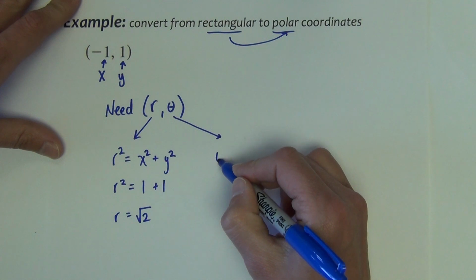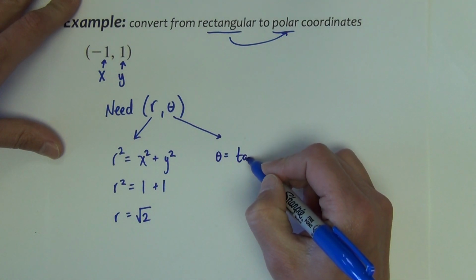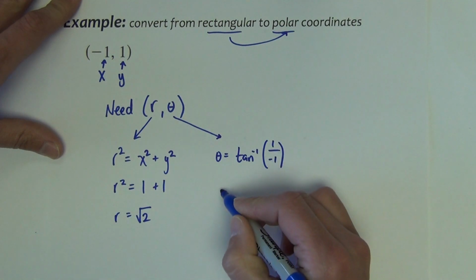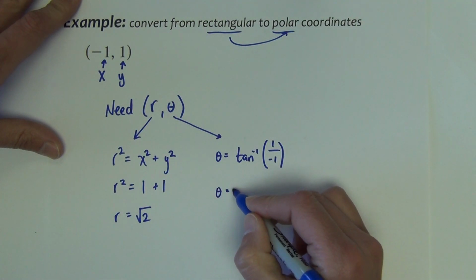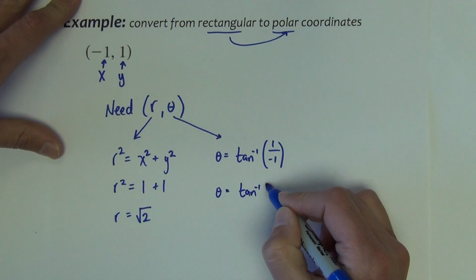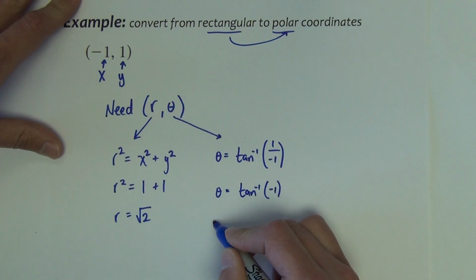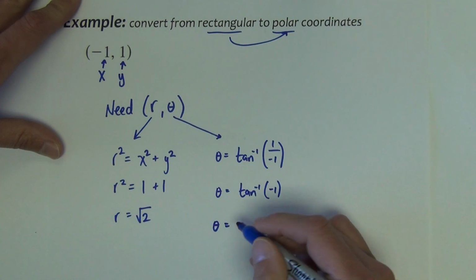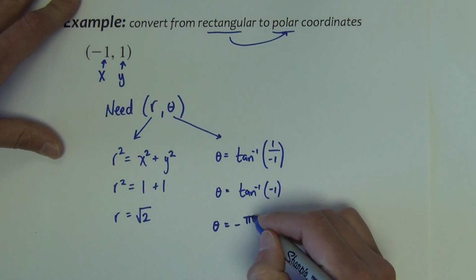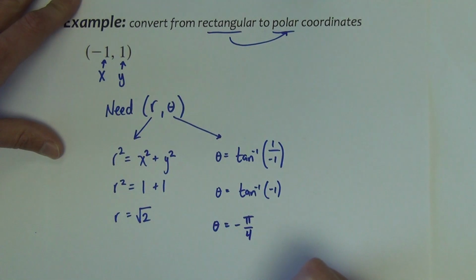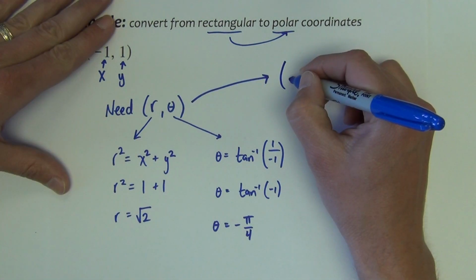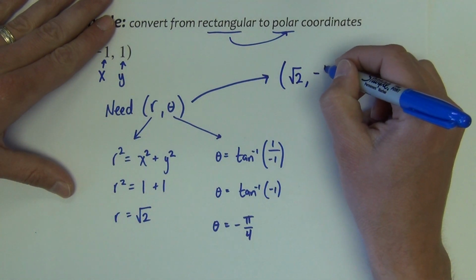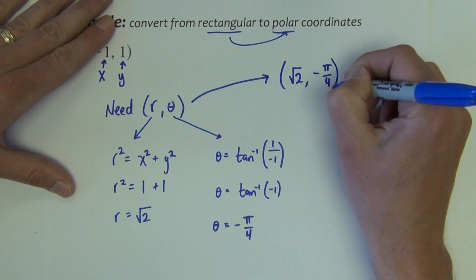The theta is tan inverse of the y value over the x value. So that's tan inverse of -1, and if you do that on your calculator, you're going to get a value of negative pi over 4. We have square root of 2, comma, negative pi over 4.